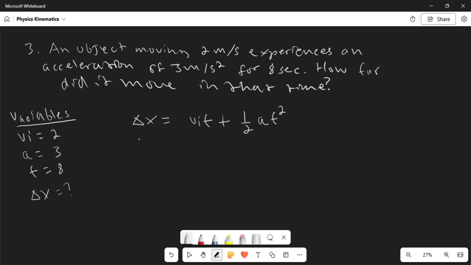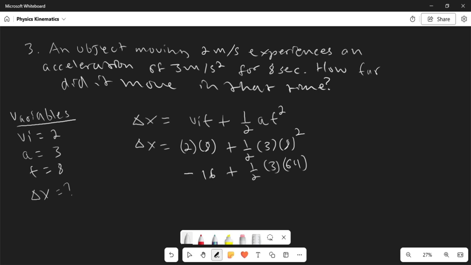So, change in x equals the velocity initial, which in this one is 2. So we have 2 here, and the time was 8 seconds, plus 1/2 times the acceleration, which was 3, and then we have 8 as the time squared. That's 64, times 3, times 1/2, and then 16 here, and that's going to give us the displacement, right?